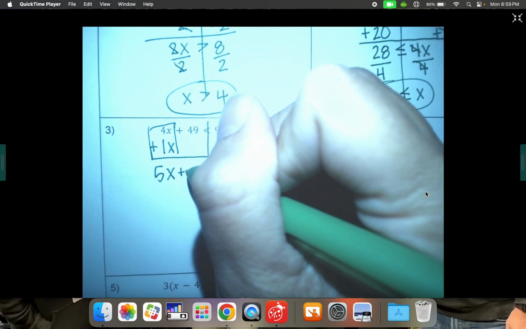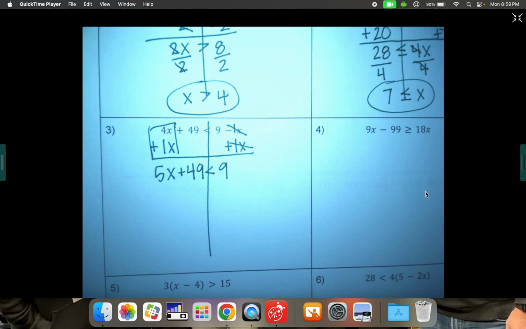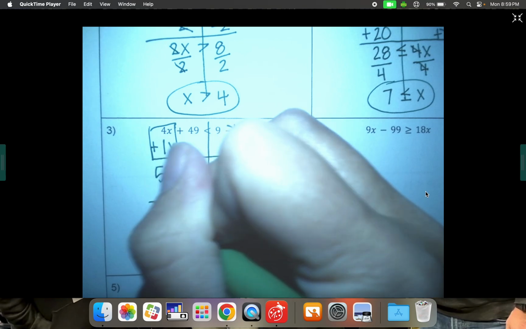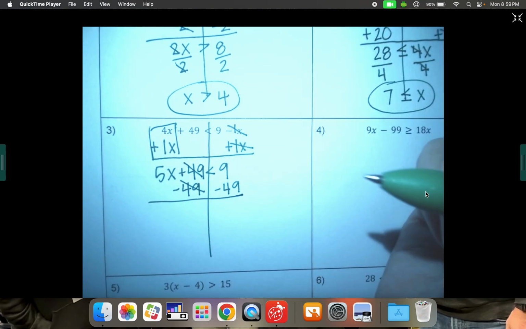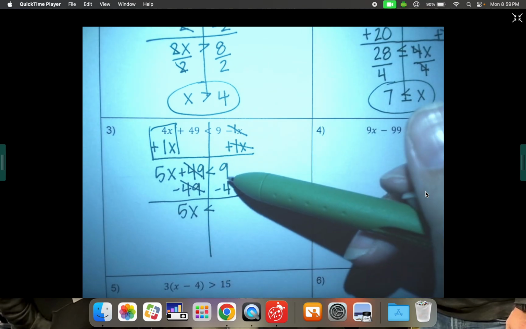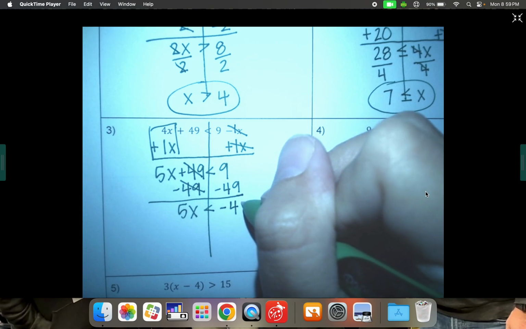I'm going to bring down my plus 49 and my symbol and 9. Next up, I would subtract 49 on both sides. Cancels out over here, leaving me with 5x. Bring down the symbol. 9 minus 49 is negative 40.